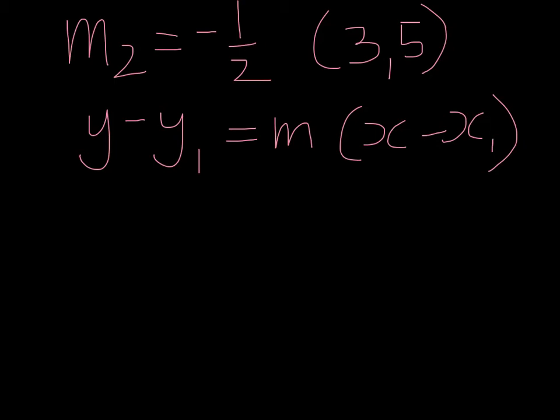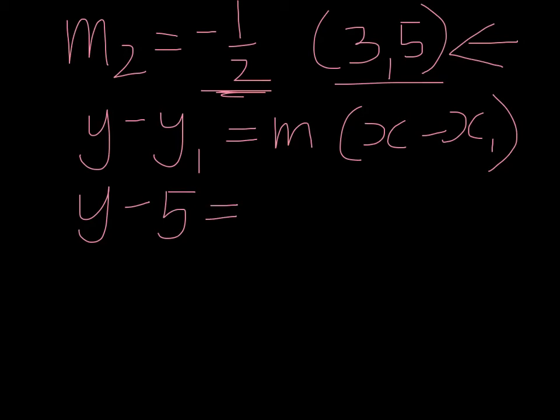And I'm going to sub in all of this information here: the point, which are x and y coordinates, and the gradient for that perpendicular line. So we've got y take 5 equals negative 1/2, x take 3.